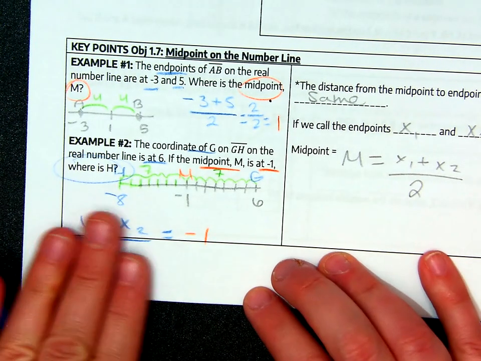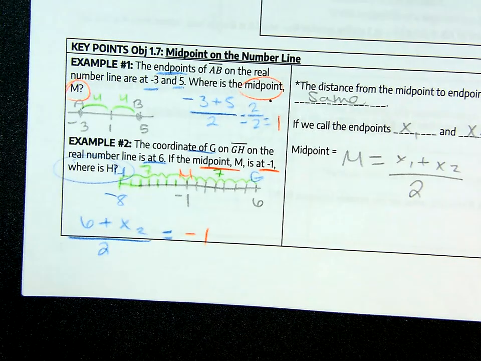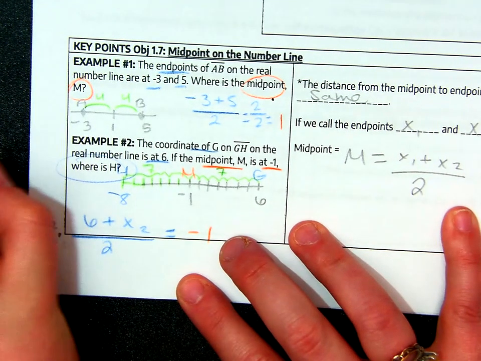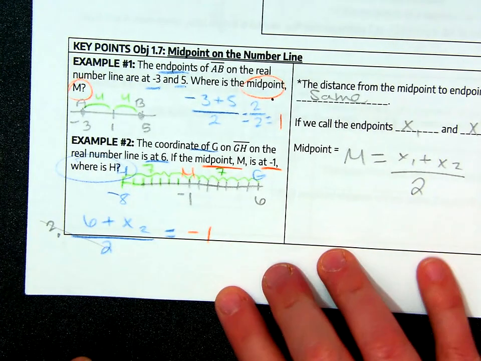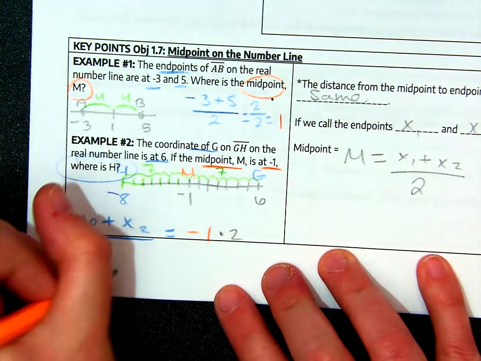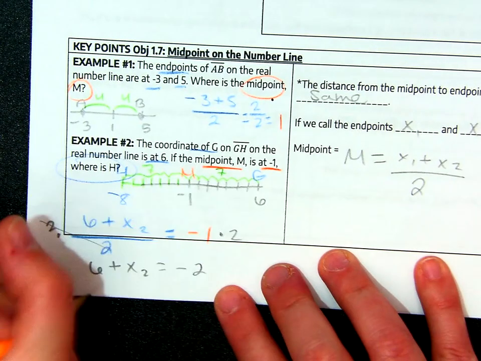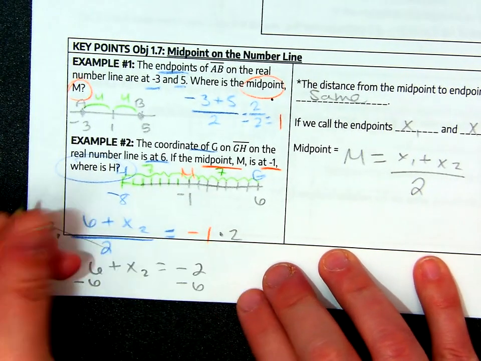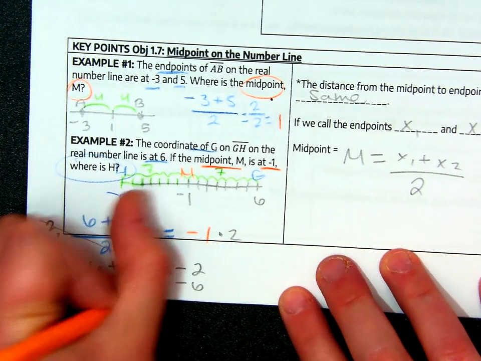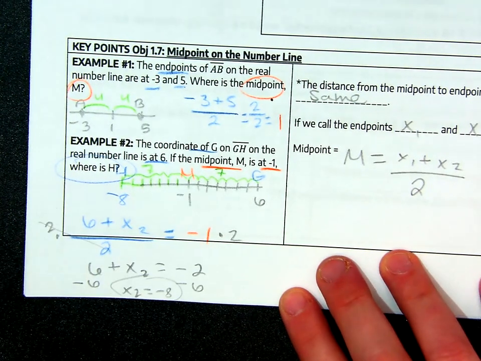So I could set up that equation and solve it. To solve, I multiply by 2 to cancel out the dividing by 2. And then that leaves me with 6 plus x2 equals -2, then -2 minus 6, and you're going to get x2 equals -8. So that's another way of seeing it.